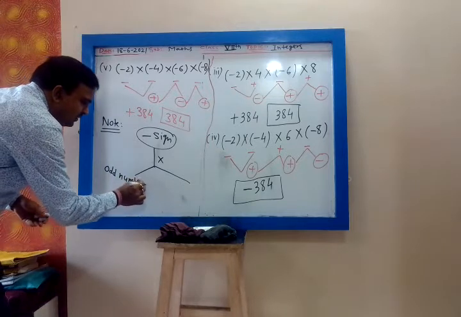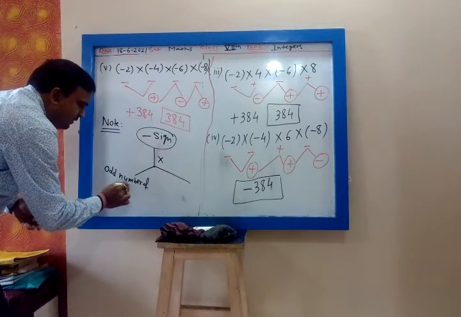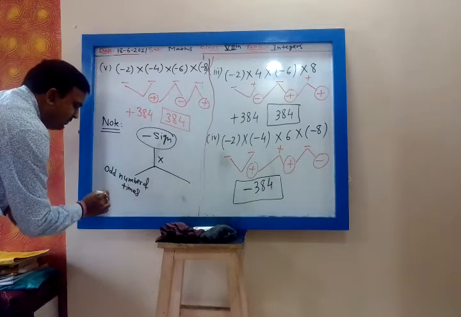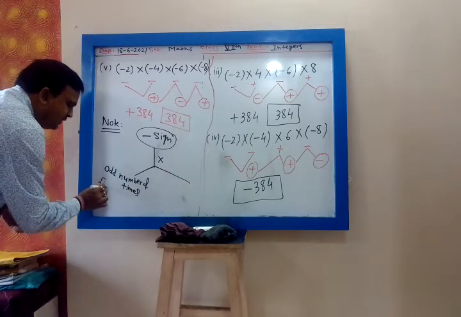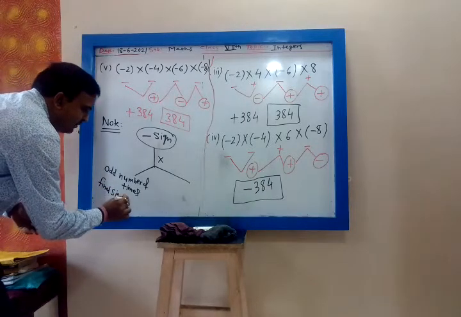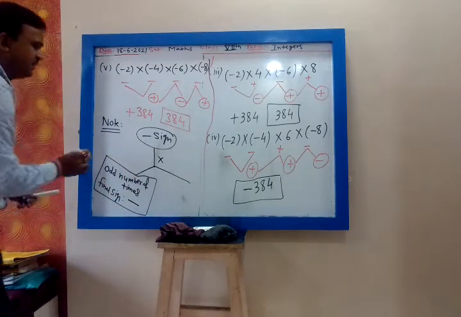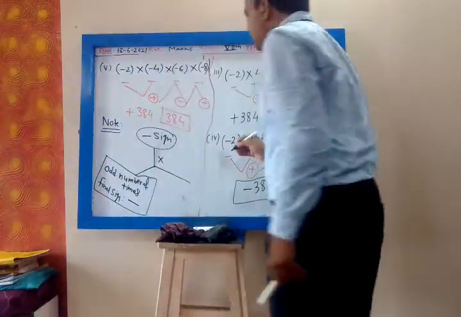Odd numbers are 1, 3, 5, 7. Odd number of times, so the final sign will be minus.